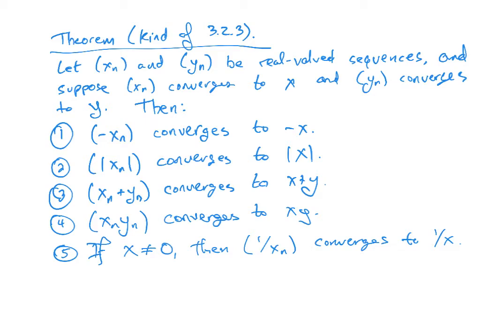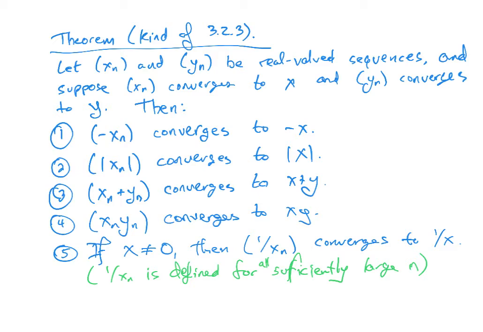So let me add in here that 1 over xn is defined for, here's a phrase that we'll be using a lot, all sufficiently large n.